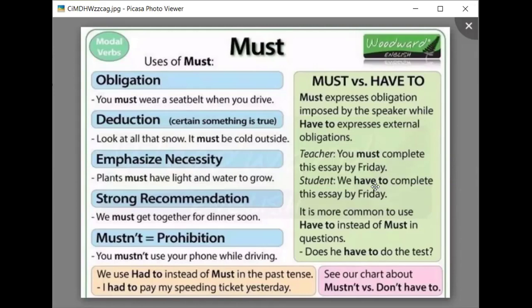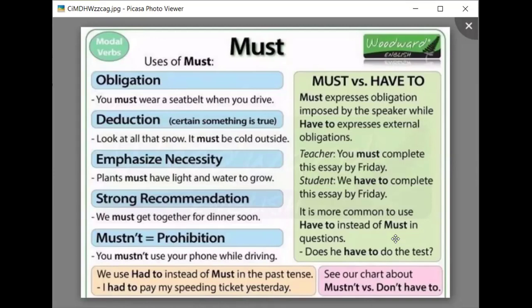Okay, so another thing we have to keep in mind is that when you have questions, you don't use must. It's more common we use have to in questions, and remember that we use do, does, helping verbs, or did if it is in the past with have to.